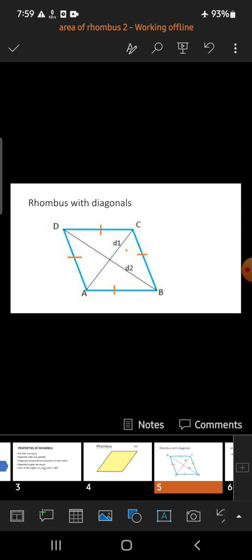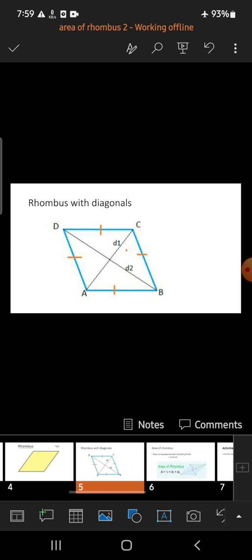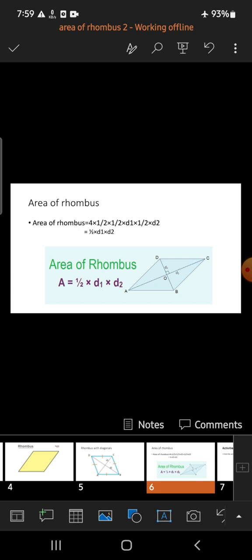The area of the rhombus will be 4 times the area of one of these triangles, isn't it? Yes. Then the area of the rhombus will be 4 into half into D1 by 2 into D2 by 2. Hence, what we get? Half of D1 and D2. So, the area of rhombus will be half the product of the diagonals.